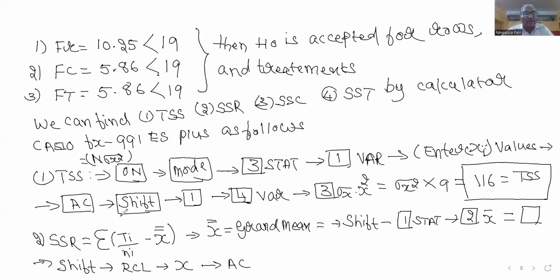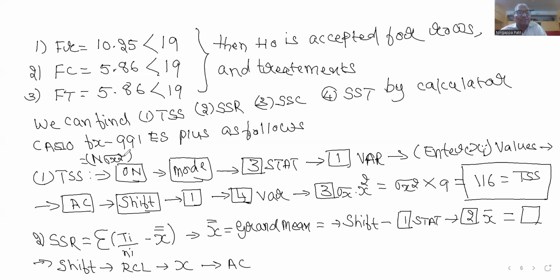Now, AC button, and press the shift button and 1 button, that is the STAT button. Afterwards, you press the 4th button, that is variance. Then again, the third button, that is sigma x you are getting. But what I want is sigma x square.